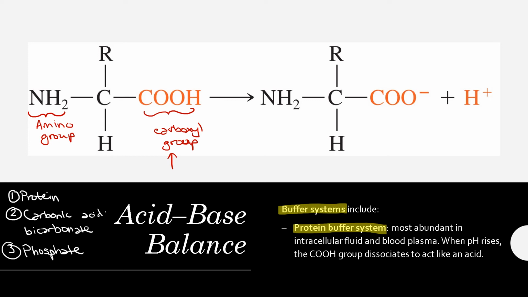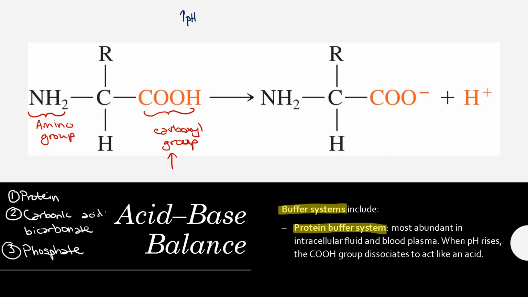So buffer systems, like I said, help to maintain a constant pH regardless of whether there's acids or bases added to a solution. So here with our protein buffer system, we have our two main groups that act differently depending on whether there's acids or bases added. In this case, we have an increase in pH.